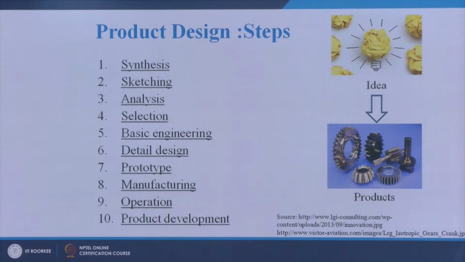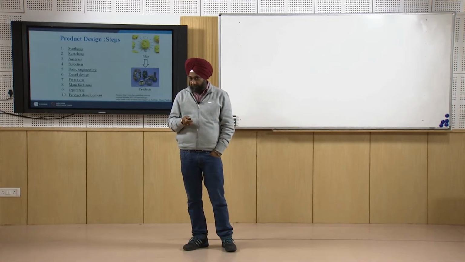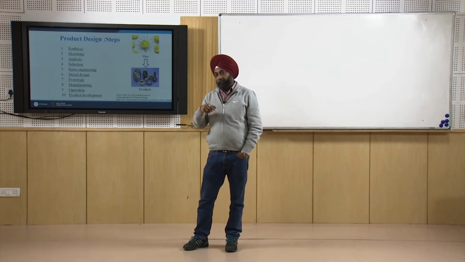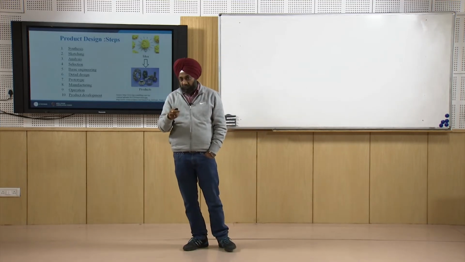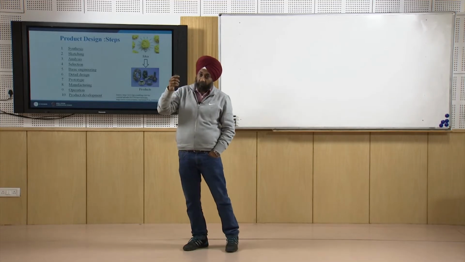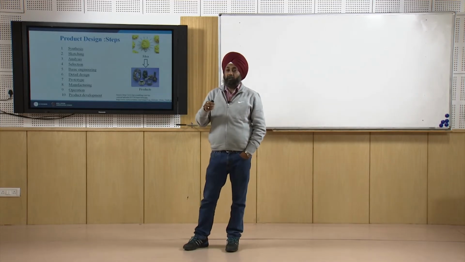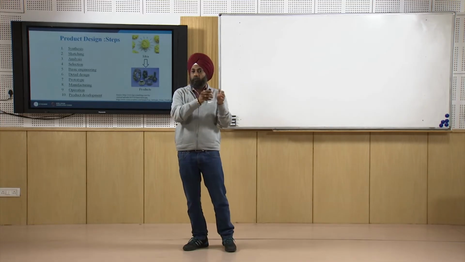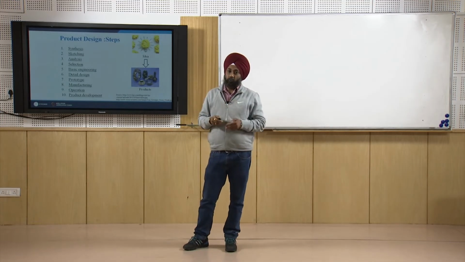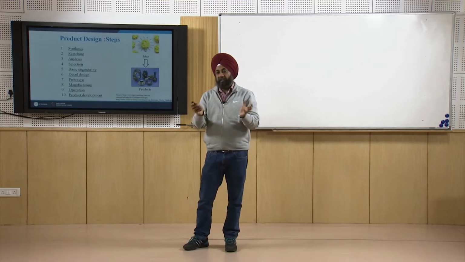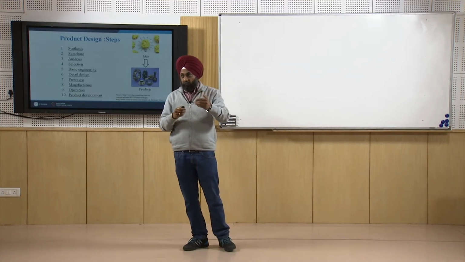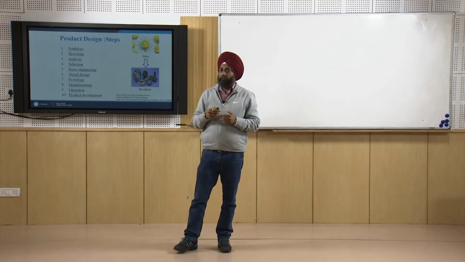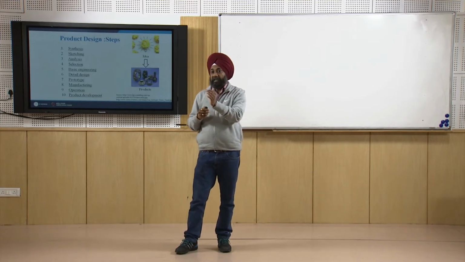The ideas may be compared based on their technical merit, their economic feasibility, the safety features, the environmental factors, or on the basis of legal factors. So there can be different parameters of comparison as well as evaluation, and not all ideas will reach the next stage. Very few ideas will reach the next stage, and I told you in one of the previous lectures about the idea mortality rate.